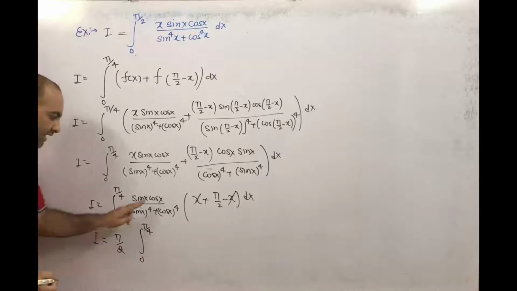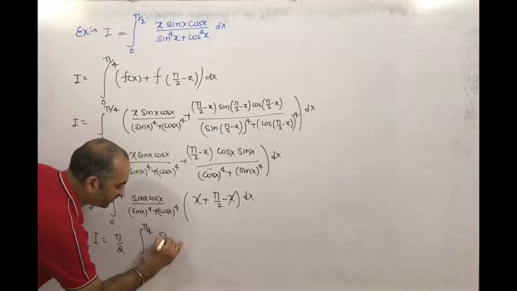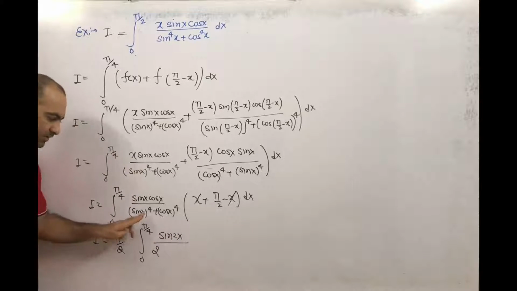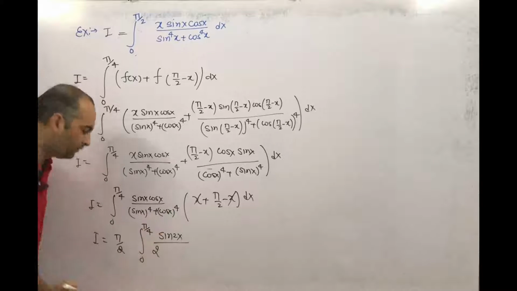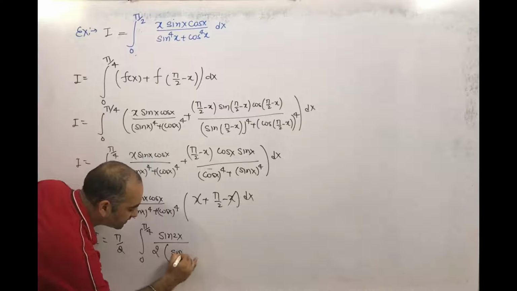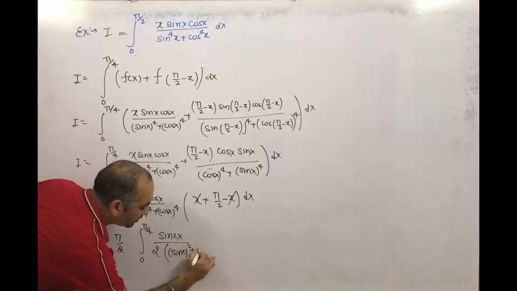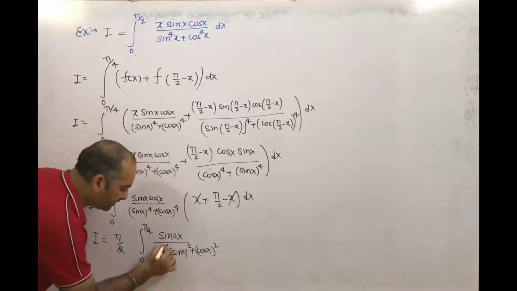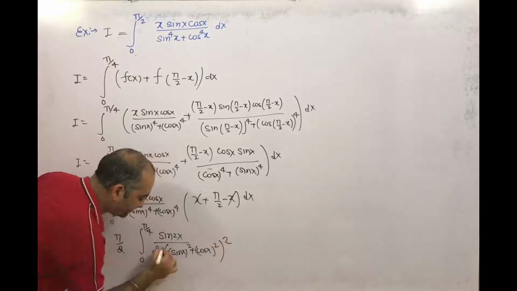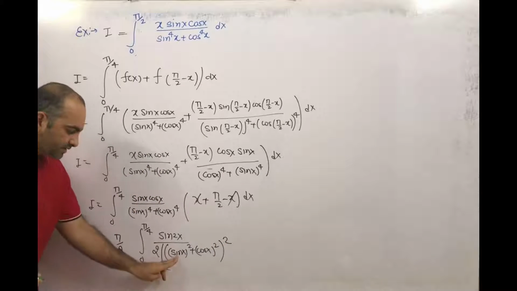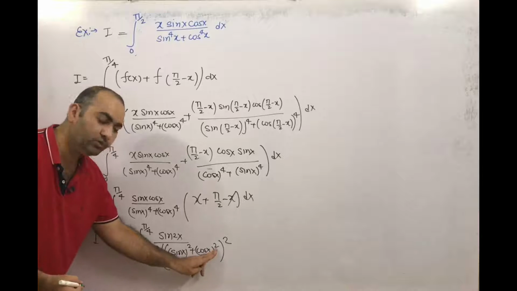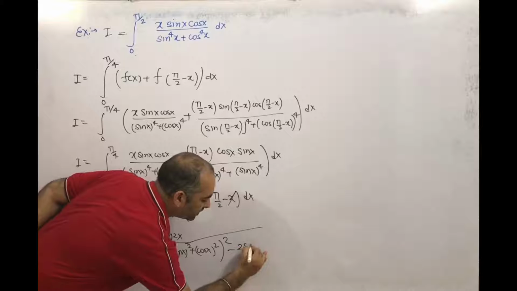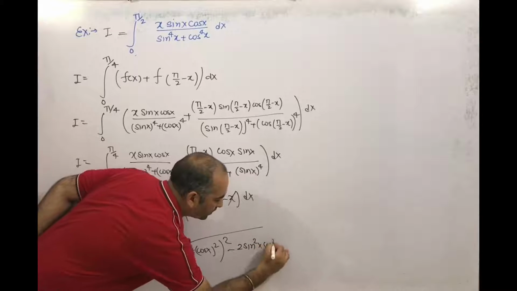Now here sin x cos x we can write as sin 2x divided by 2, and sin x to the power 4 plus cos x to the power 4 we can write as sin x to the power 2 plus cos x to the power 2, whole square, minus 2 sin square x cos square x.